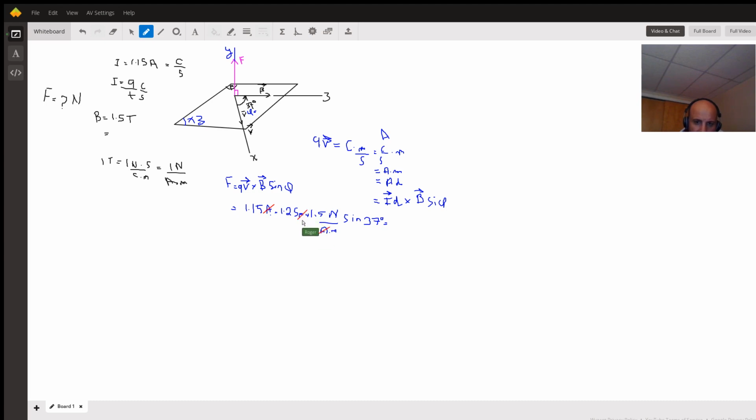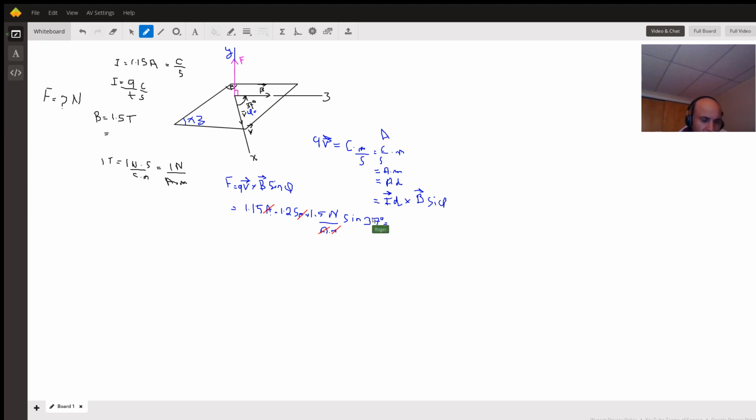Meter and meter cancel out, and you're left with Newton. So you multiply all of this, and you get 1.15 times 1.25 times 1.5 times sine 37.